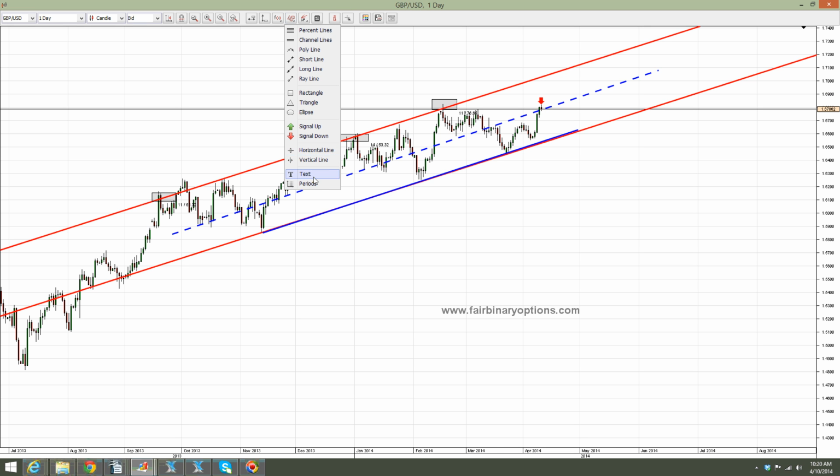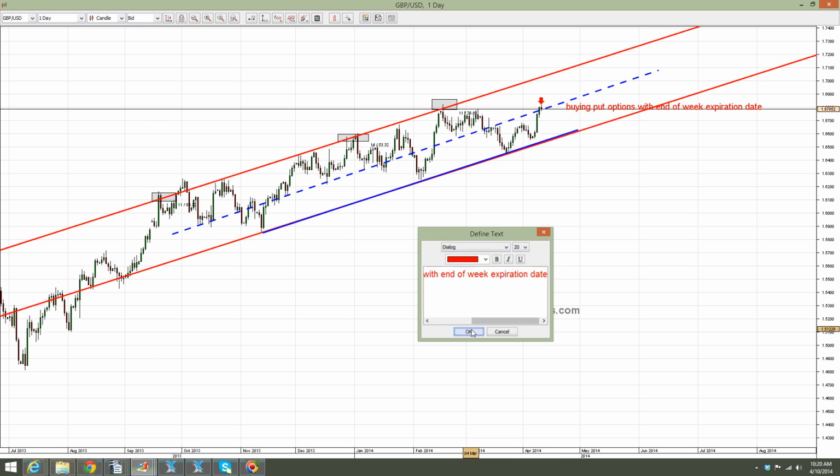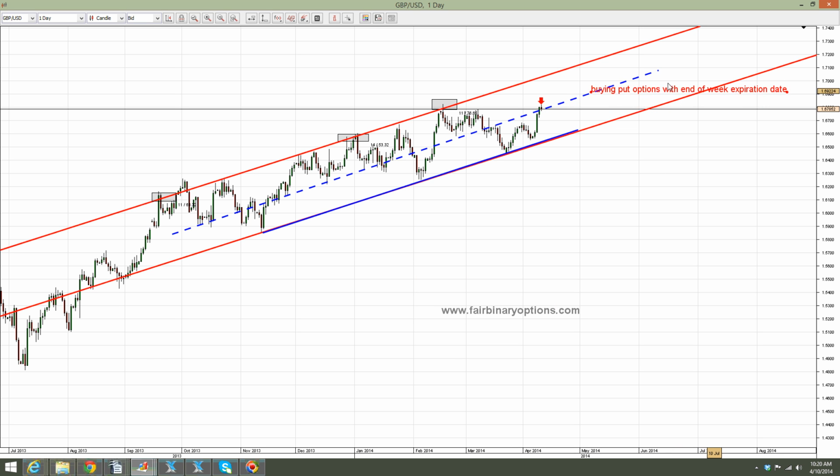So let's write here on the screen that what I would like to do here is to buy put options with end of week expiration date. And end of week expiration date actually means next Friday or tomorrow.